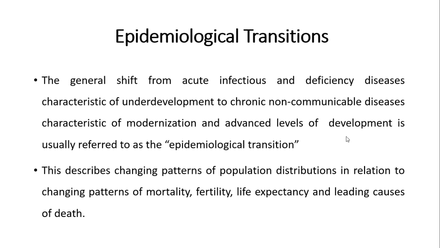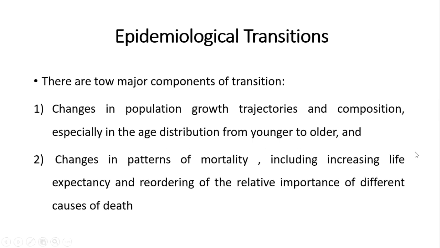Okay. So epidemiological transition describes changing patterns of population distributions in relation to changing patterns of mortality, fertility, life expectancy, and leading causes of death. There are two major components of epidemiological transition.